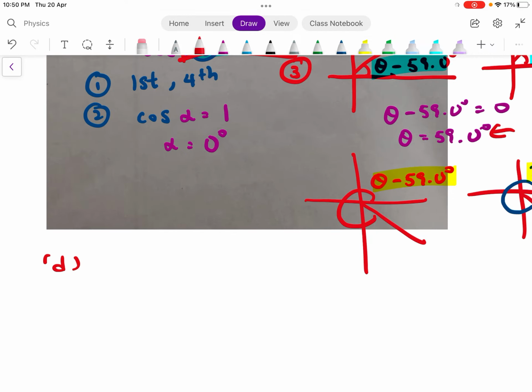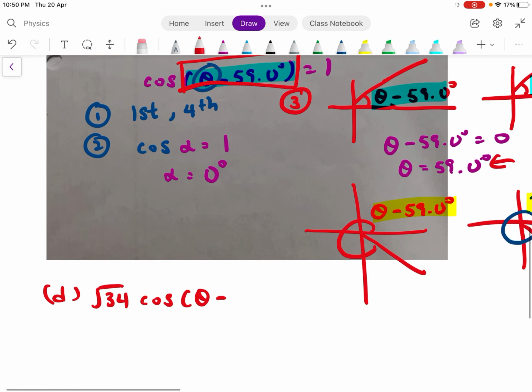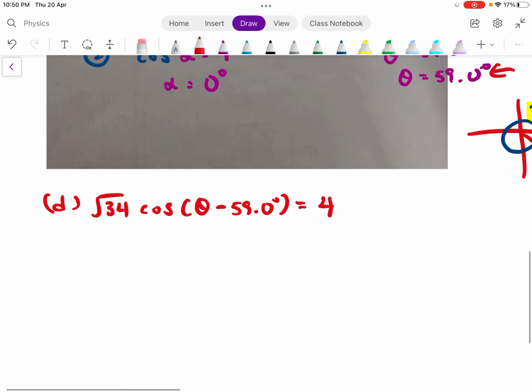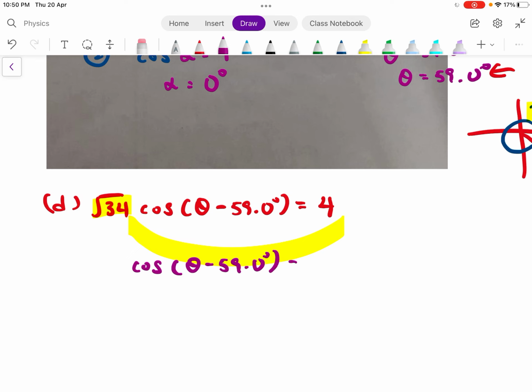So in part D, I move the square root 34 to the right hand side. So it's cos(theta minus 59.0 degree) equal to 4 over square root 34.